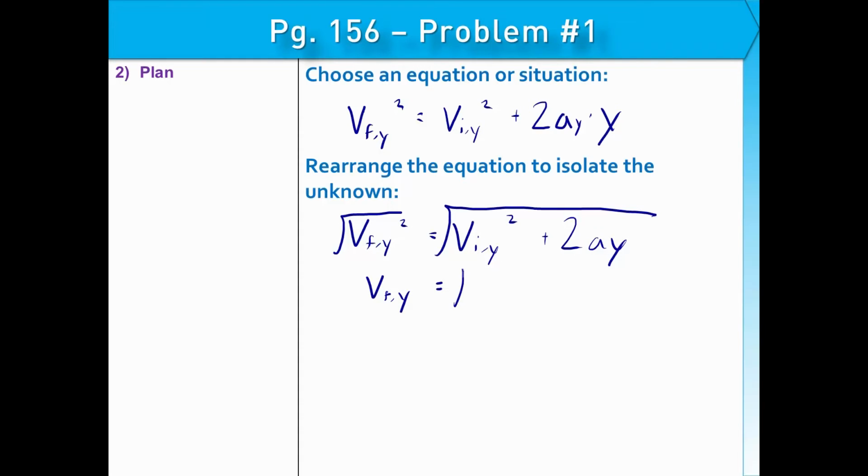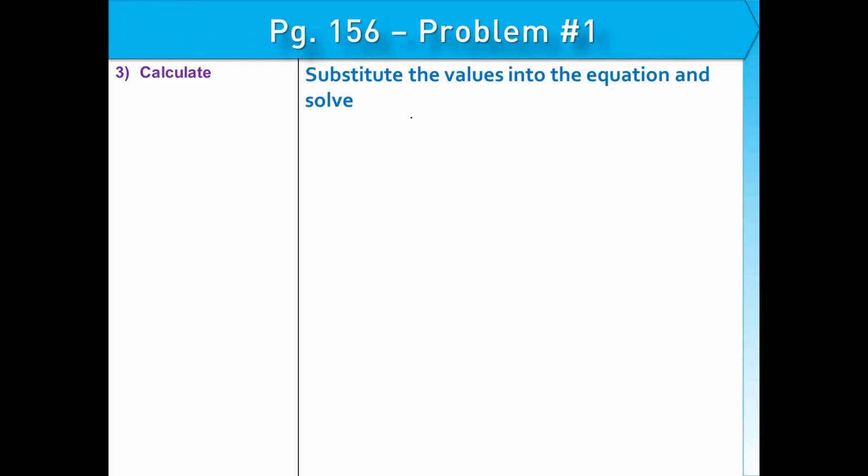And for this term, I'm going to just be left with the square root of initial velocity in y squared plus 2 times acceleration and the y displacement then. So I'll go ahead and rewrite my equation one more time. It's equal to square root initial velocity in y squared plus 2 times acceleration y times y.